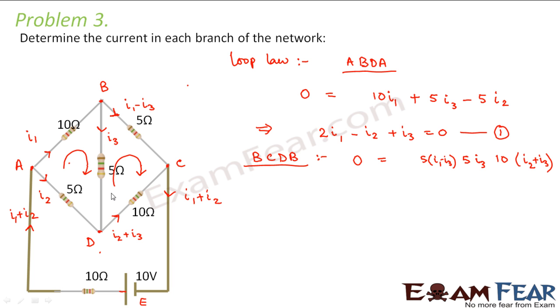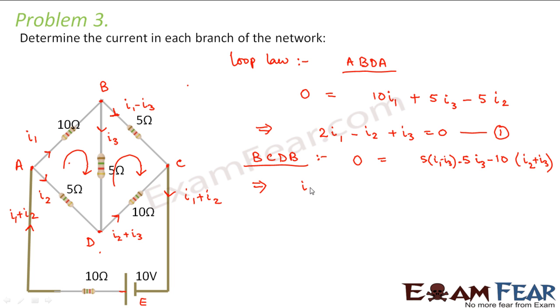Now let us put the signs. As per our assumption, I3 is in the opposite direction to our assumed direction, so this will be minus. I1 minus I3 is in the same direction as our assumed direction, so this will be positive. I2 plus I3 is again in the opposite direction to our assumed direction, so this will be negative.